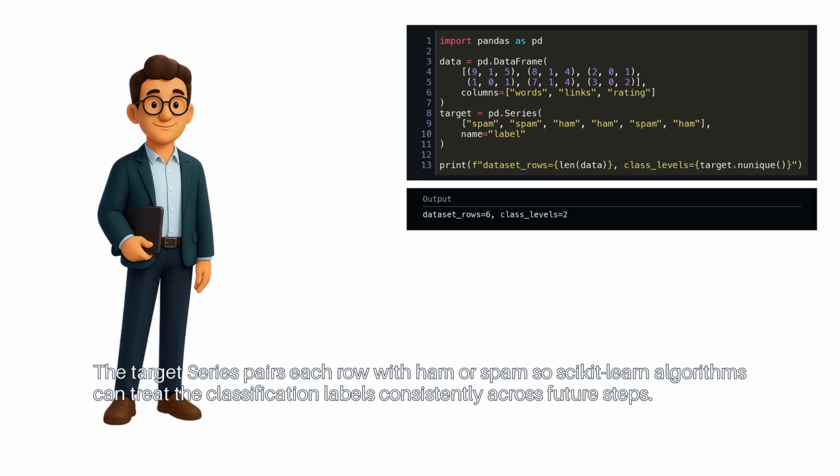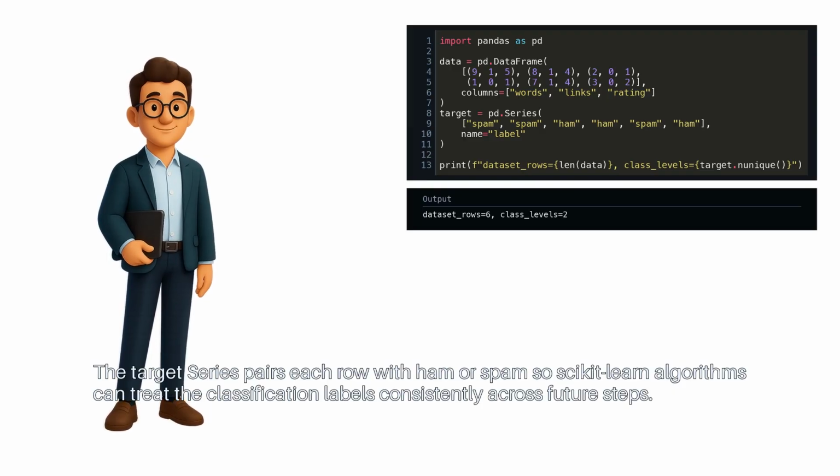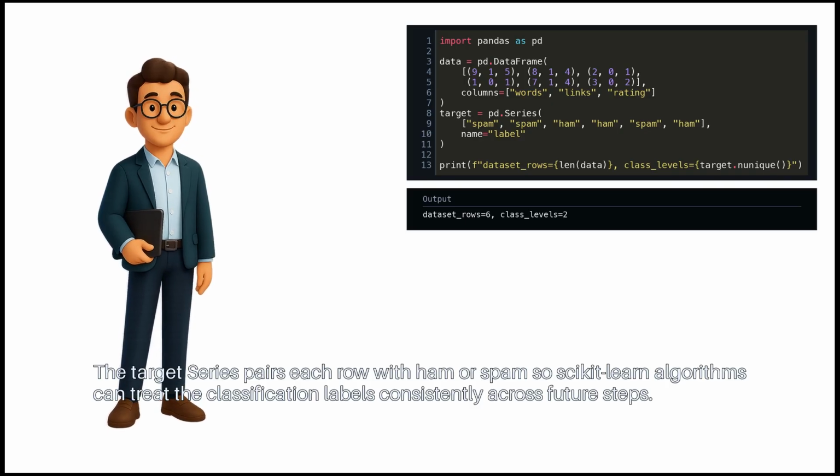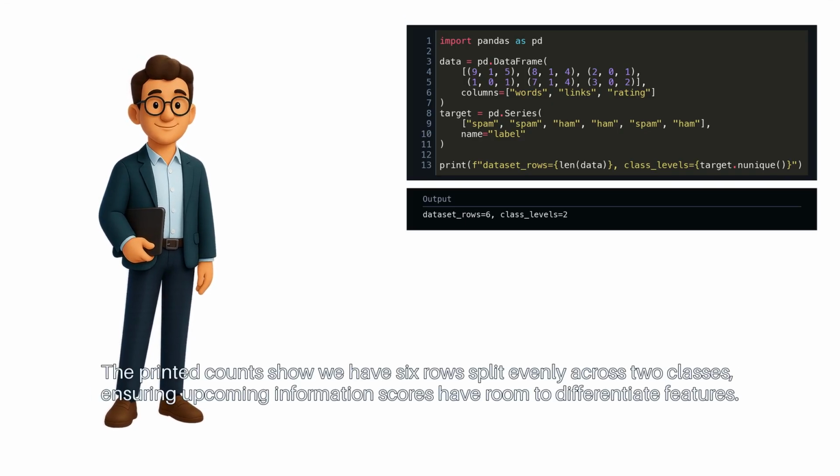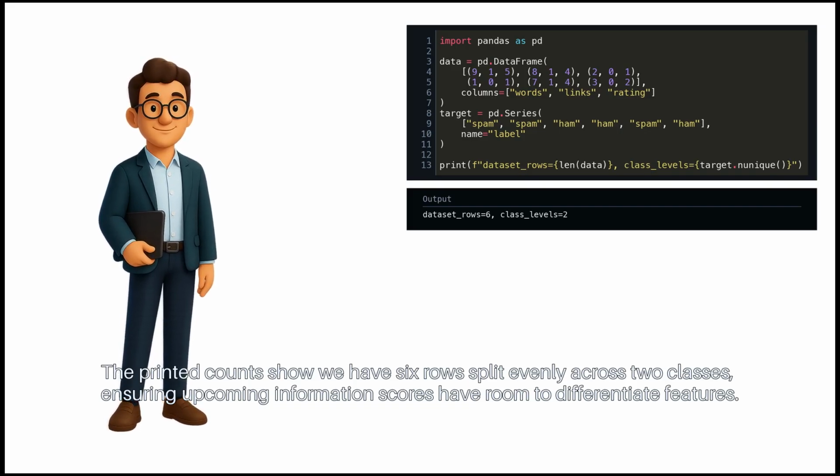The target series pairs each row with ham or spam, so scikit-learn algorithms can treat the classification labels consistently across future steps. The printed counts show we have 6 rows split evenly across 2 classes, ensuring upcoming information scores have room to differentiate features.